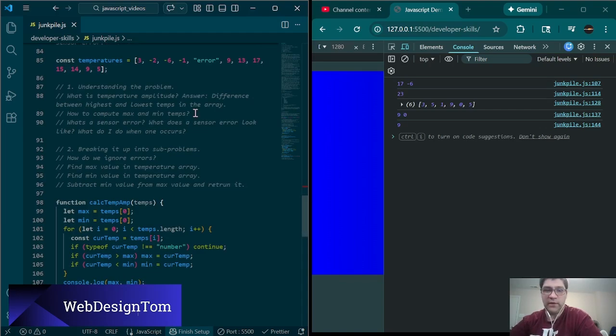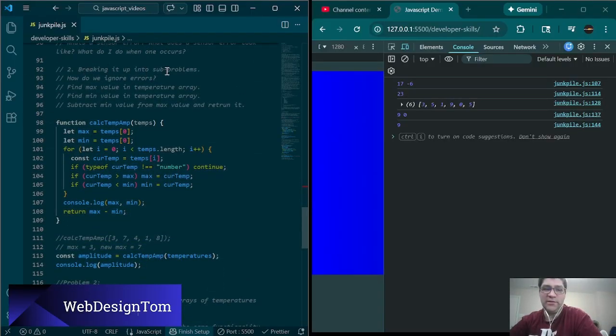We also had to figure out what a sensor error is. What does a sensor error look like, and what do I do when one occurs? Basically, we just skipped it. And you'll see in a second.